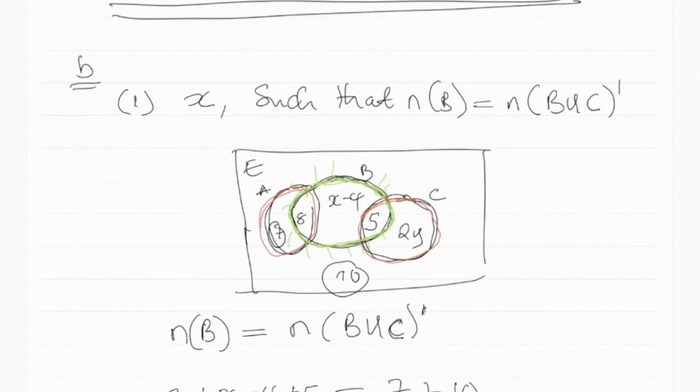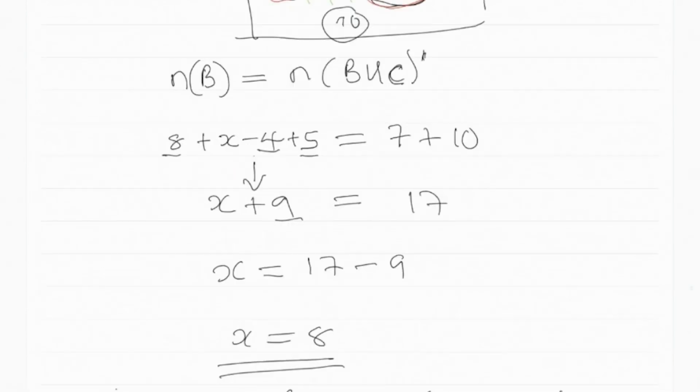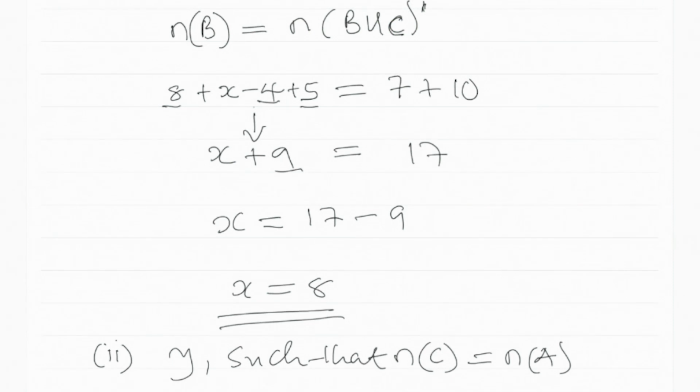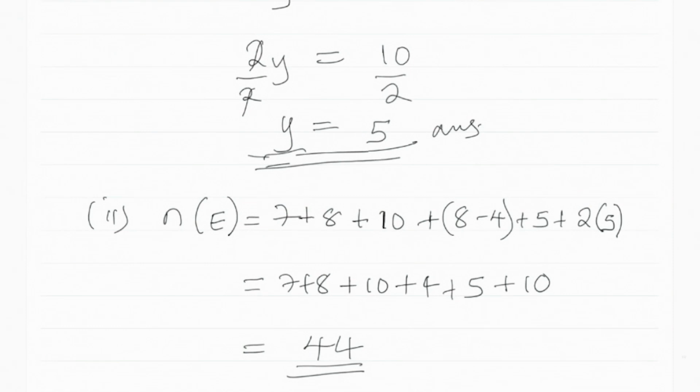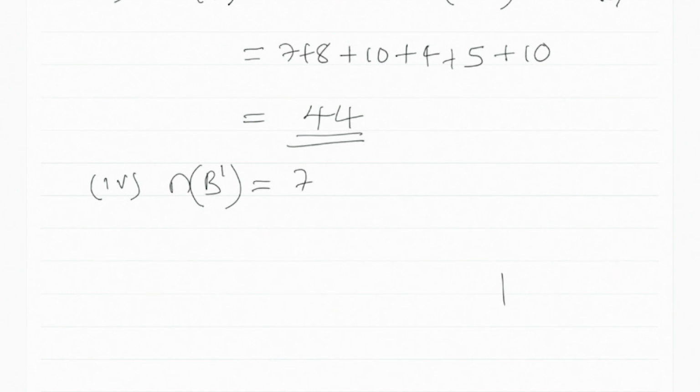So what are these elements? Let's get back now to these elements. We can identify them as 2y and 10 and 7. So the number of elements in B complement therefore equals 7 plus 10 plus 2, and we are multiplying with 5.